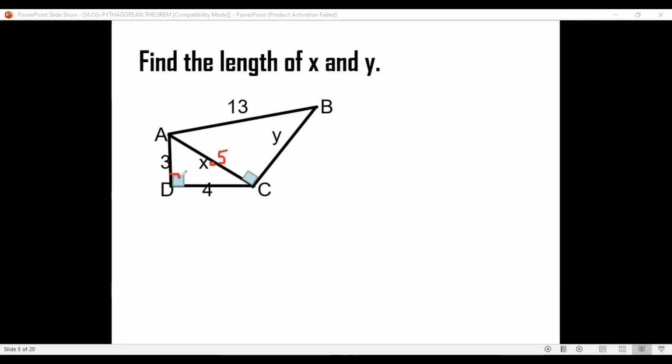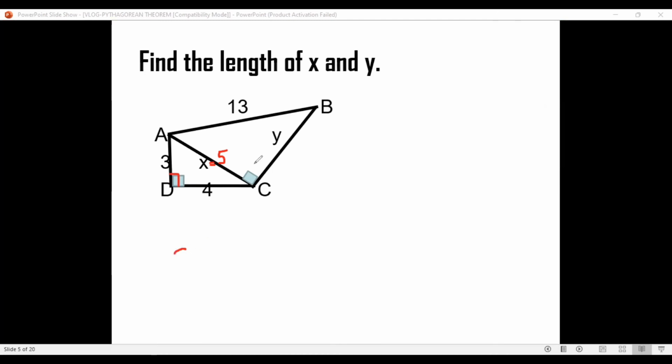Now, after getting this, we can use it to figure out the measure of side BC. Here is your right angle. Therefore, the segment AB pertains to your c, which is 13 to the second power. We have y here being the altitude of your triangle.